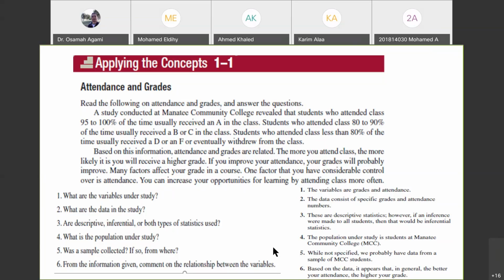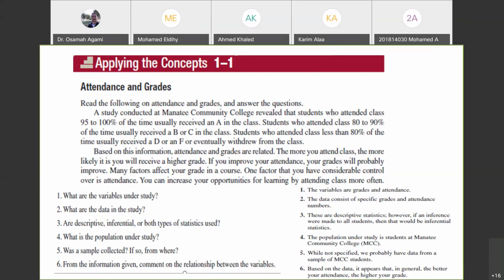The last question: from the information given, comment on the relationship between them. If you look at these numbers and put them in a table, it will be better than looking at them like this, right? If you make it in a table, you will see there is a relation between attendance and grades, right?